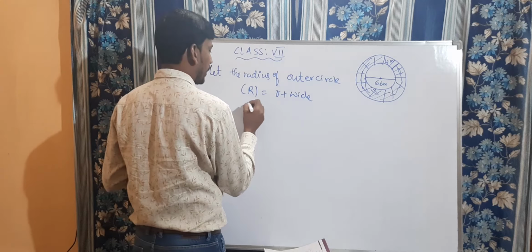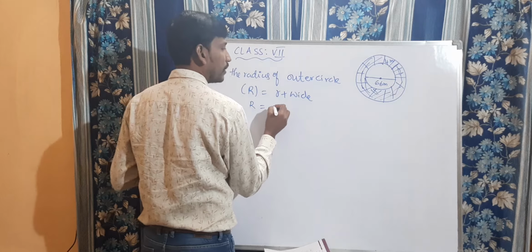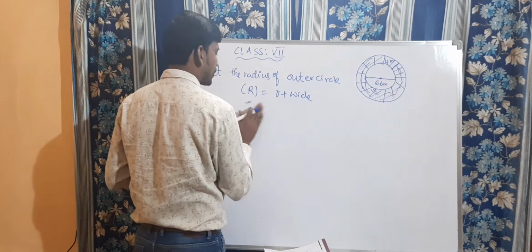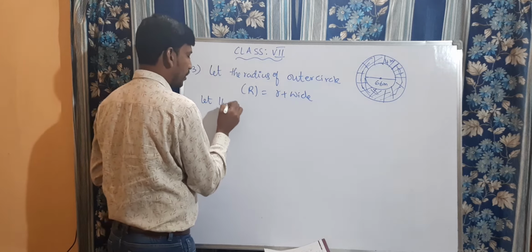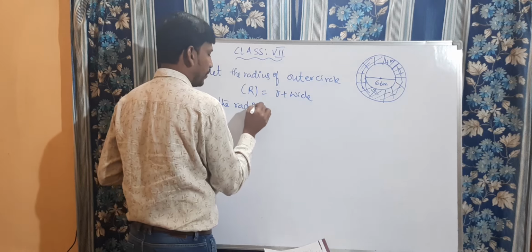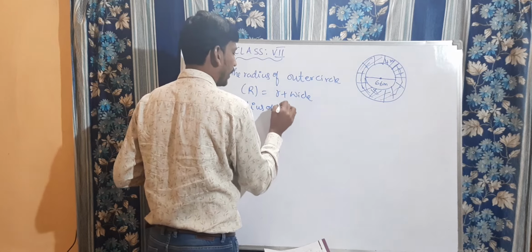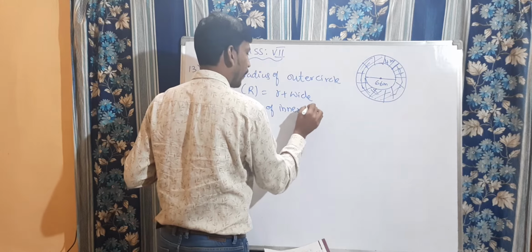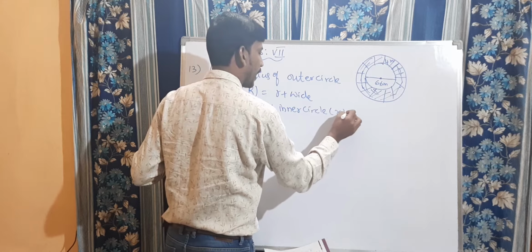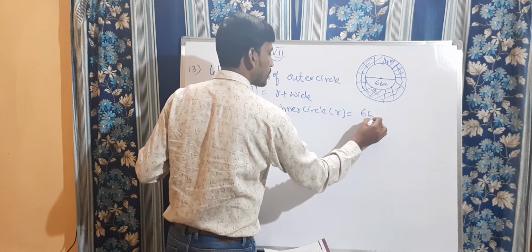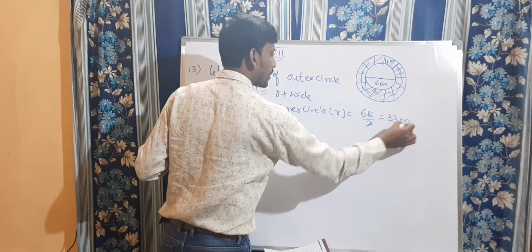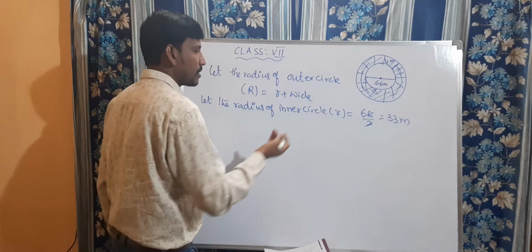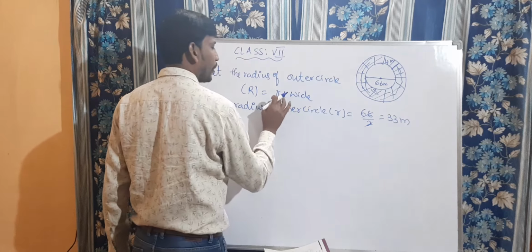Now let the radius of the inner circle be small r, which is equal to 66 by 2, which is 33 meters. Is it clear, children? So this 33 meters and the width we need to substitute here.